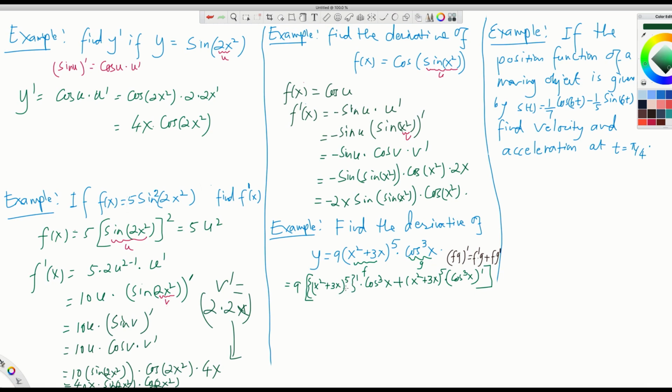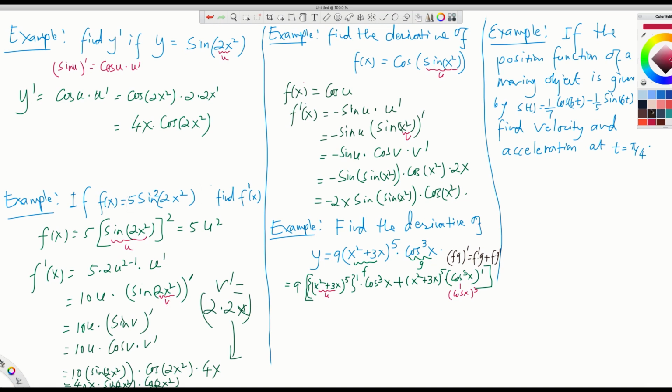Okay, so here you are trying to find the derivative of (x squared plus 3x) to the 5, right? So you can think of this as u, and here there is a derivative term, so you can write this as the derivative of cosine of x, cubed.